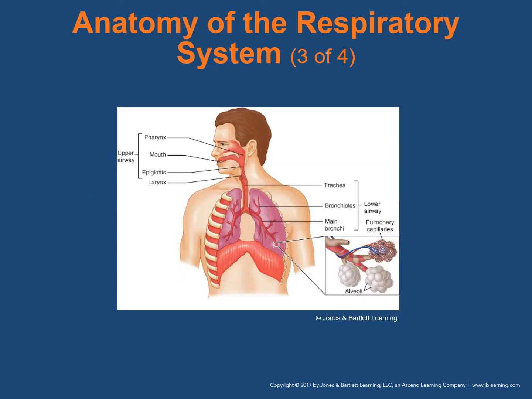Okay, this picture is showing you basically a diagram of the respiratory system, and I was going to point out the epiglottis here, and the purpose of the epiglottis. It's a leaf-shaped structure of cartilage that drops over the glottic opening there when we swallow, so that food and water don't get down into our trachea.